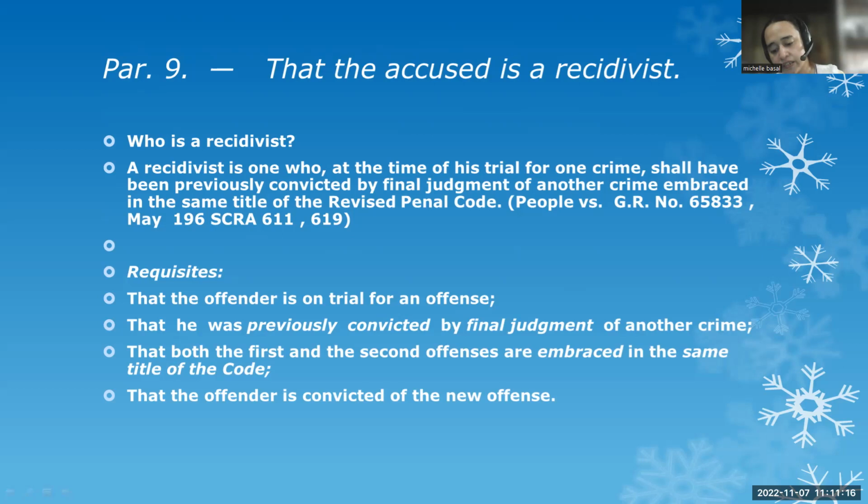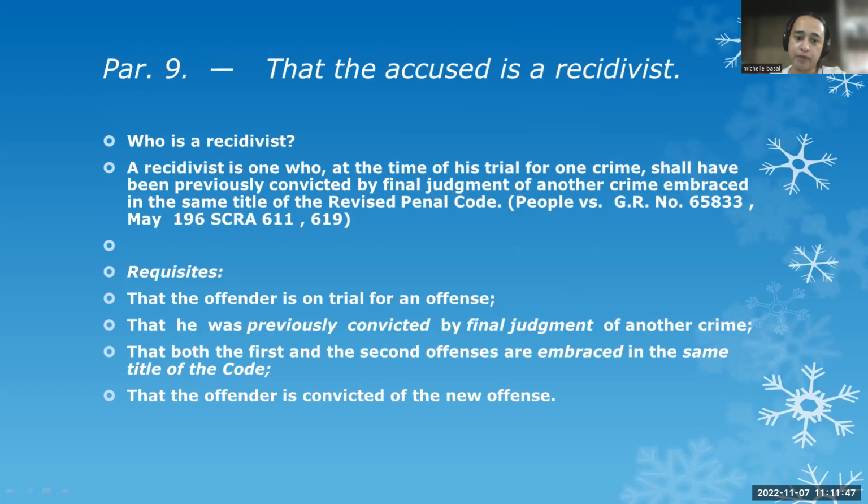So, amo na din yan mga sinisiri nga mga physical injuries, parricide, murder, homicide, infanticide, abortion, duel, destruction to life, crimes against personal liberty and security, Title 10, crimes against property, Title 11, crimes against chastity. So, amo ito sinisiri nga mga titles under the revised penal code.